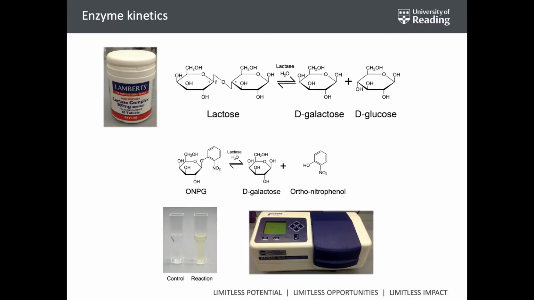In terms of an example of how you can actually measure this in vitro, for those of you in pharmacy, last year we carried out a series of experiments measuring the activity of an enzyme called lactase. Lactase breaks down lactose, which is found in milk, into galactose and glucose, and catalyzes this step here. By adding in water, you break apart the bond between the two sugars, releasing these substrates.